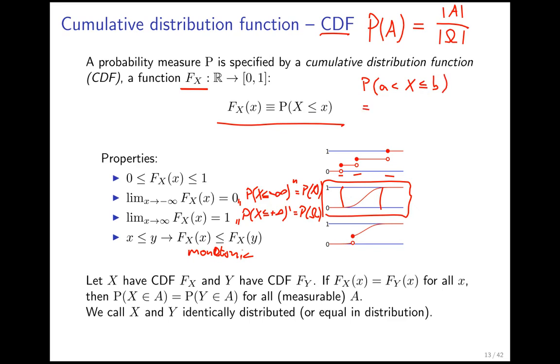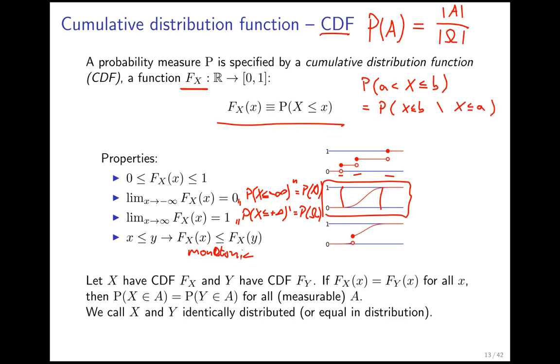And that's the probability of X being smaller or equal than b without the probability of X being smaller or equal than a.